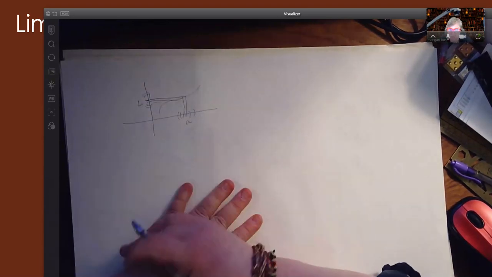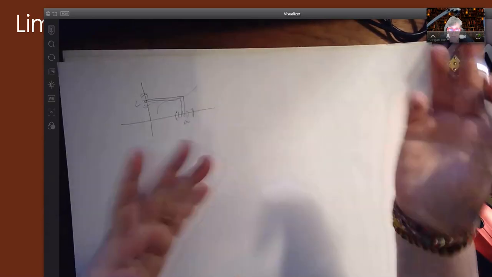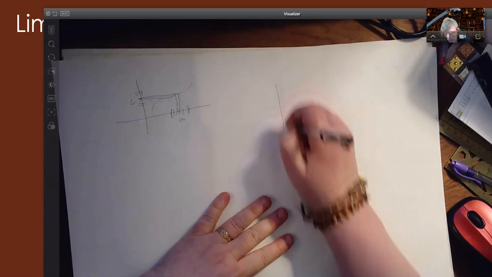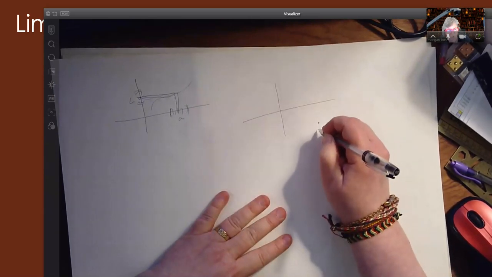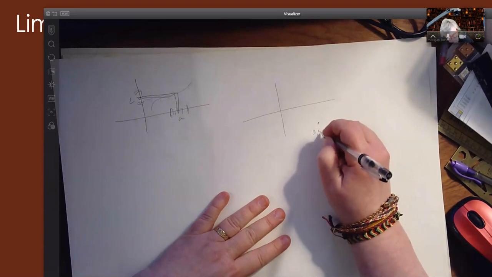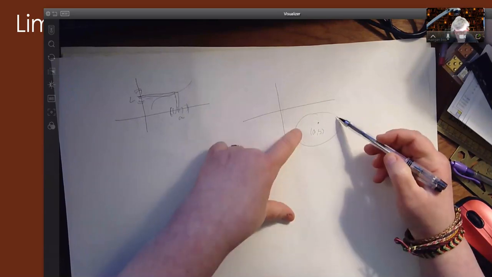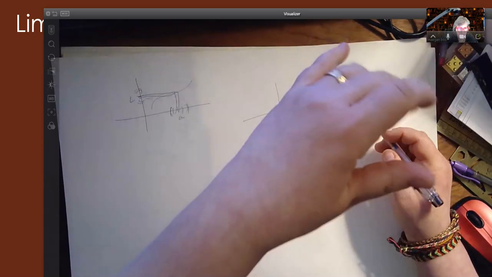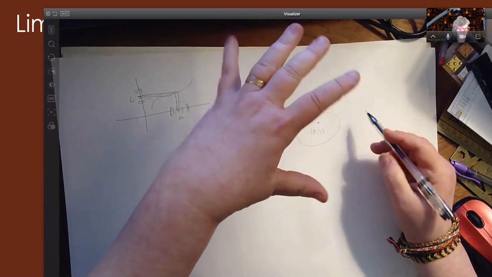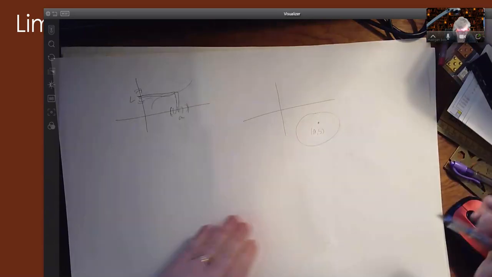The problem with 3-space is the interval here is now a circle. And I can't draw it because I can't draw circles. But here's my point that I'm trying to get closer and closer to. As I get closer and closer to this point, then whatever the value of the function is up here is going to get closer and closer to my L. That's what all that is saying.